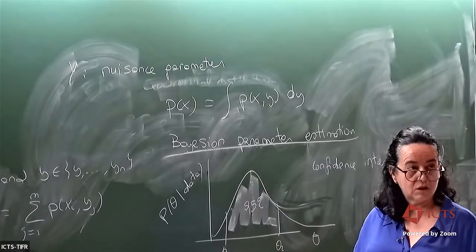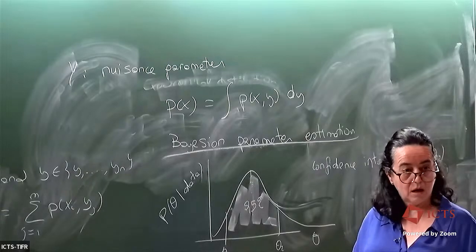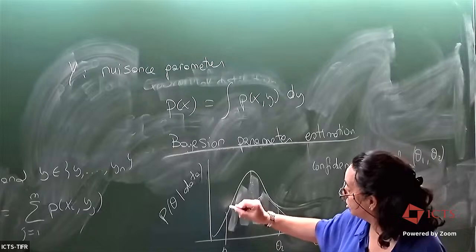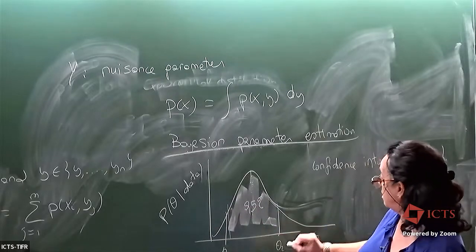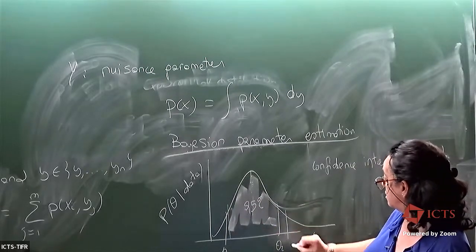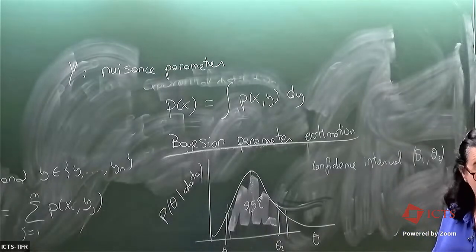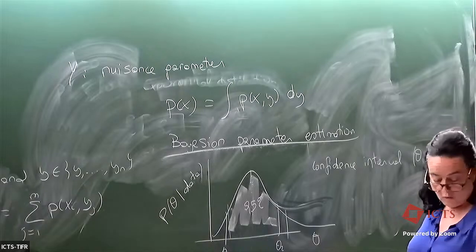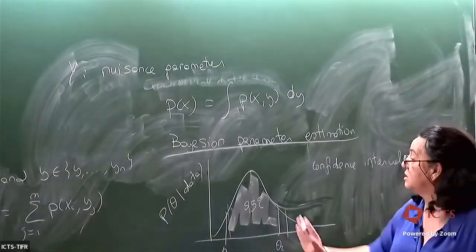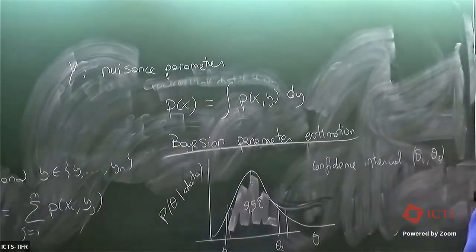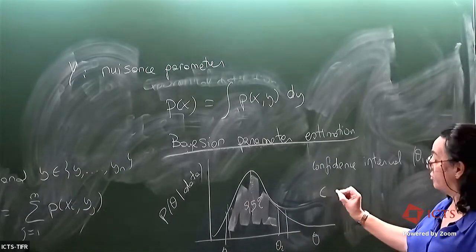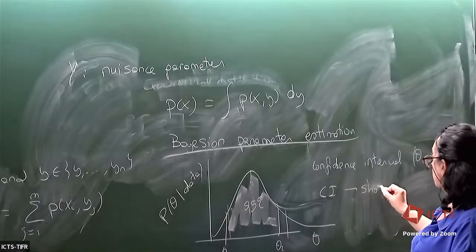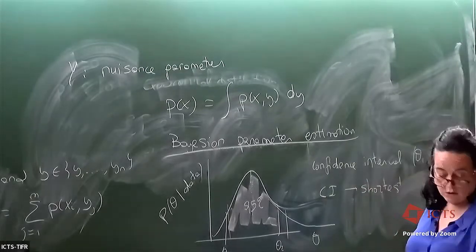Of course, there is not a unique way to define this confidence interval, because I can easily imagine that if I move this slightly a bit here, maybe I have to move this a bit more there, and I can also cover this 95%. So typically one finds that either you want it centered to something, or you define the confidence interval to be the shortest.